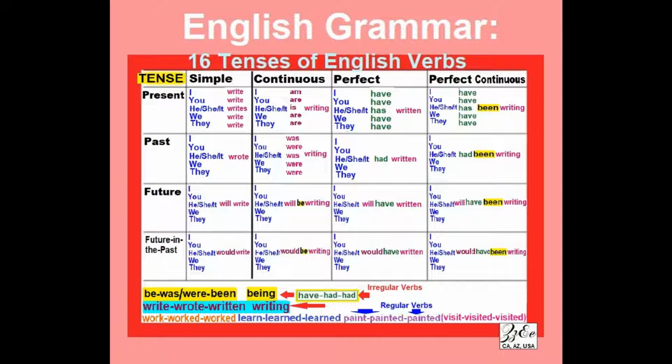Okay, so past perfect continuous. I had been writing, you had been writing, he had been writing, she had been writing, they had been writing. They had been writing this composition until yesterday. Every day, every class, they were adding to that composition. They had been writing until yesterday. And then the teacher came and collected their papers.